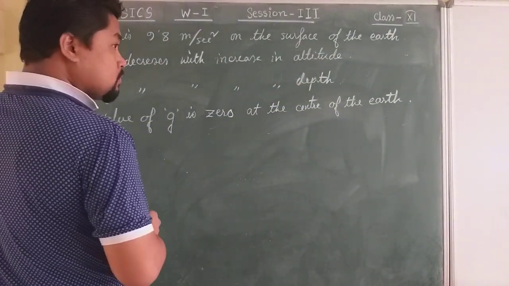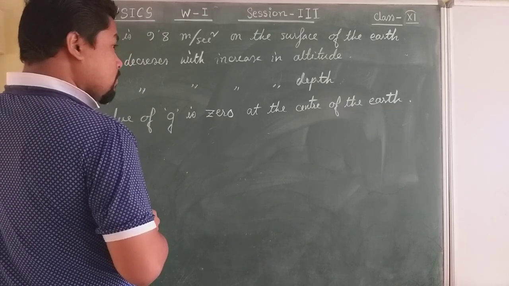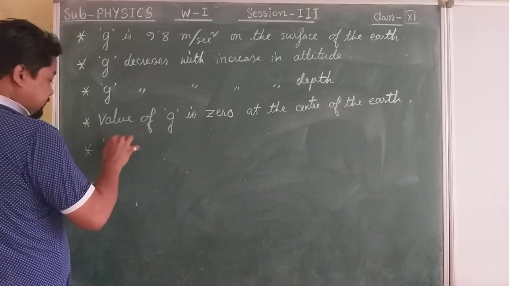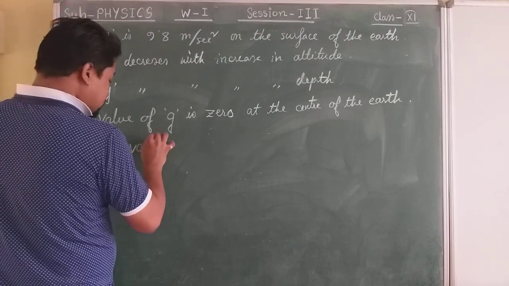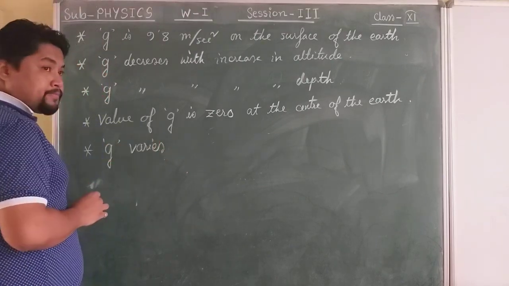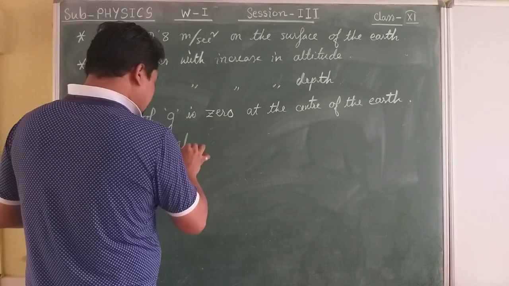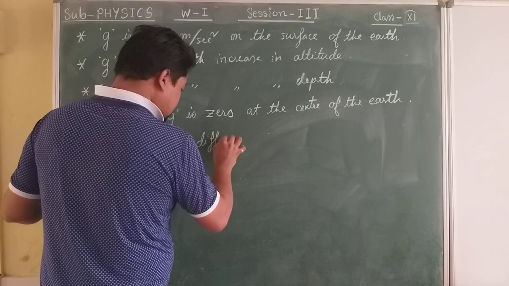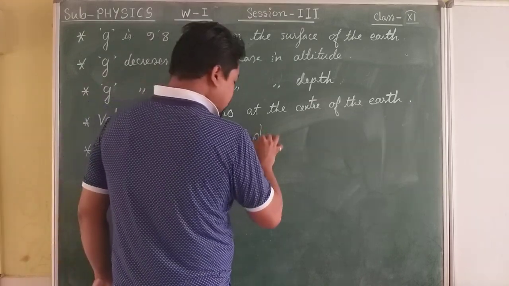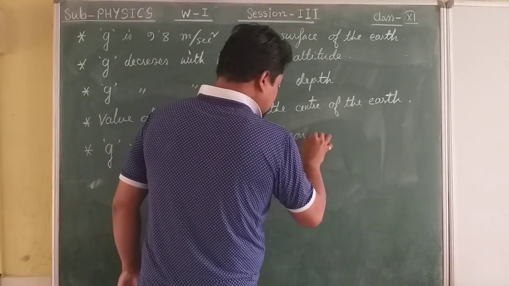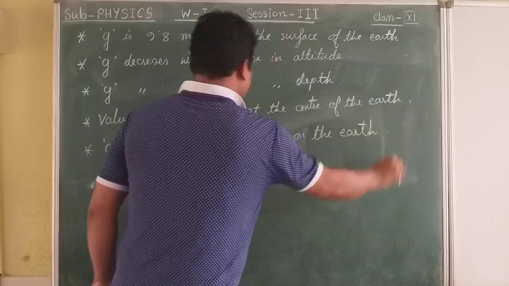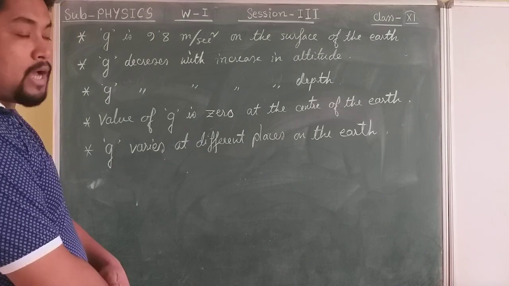Okay? Small g varies, changes again at different places on the earth. g varies at different places on the earth.